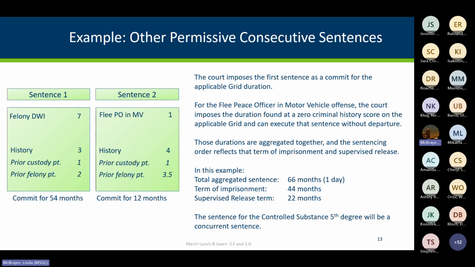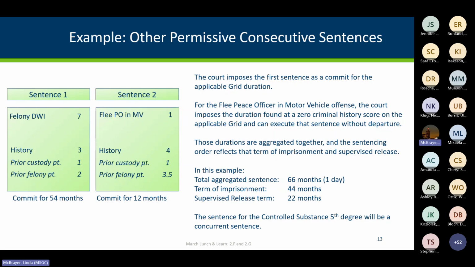So if they did that, they would take the commit for 54 months and the commit for 12 months, and they would run them together, and there's not really that 66 months and 1 day anymore, but it's entirely possible if it's an older one, that's what they might have done, is given them a year and a day.